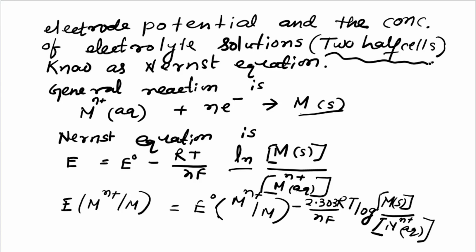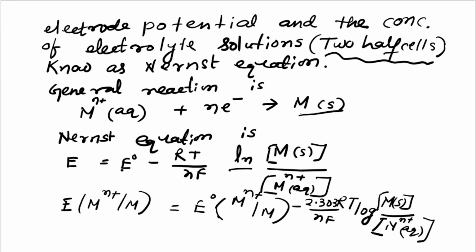What is the relation? What is the equation? For a general reaction, suppose here M n plus, that means it is positive, and n is the number of electrons gained or accepted by the M n plus, and it gives M solid. Ms means metal solid.